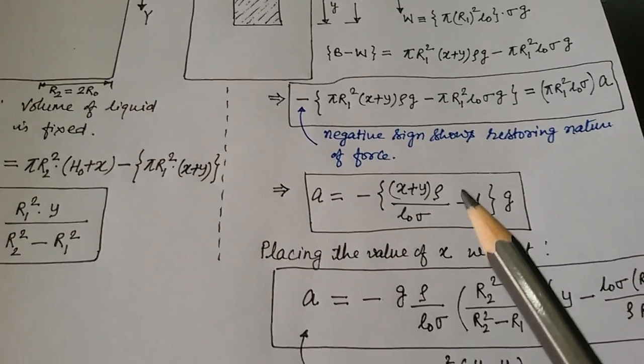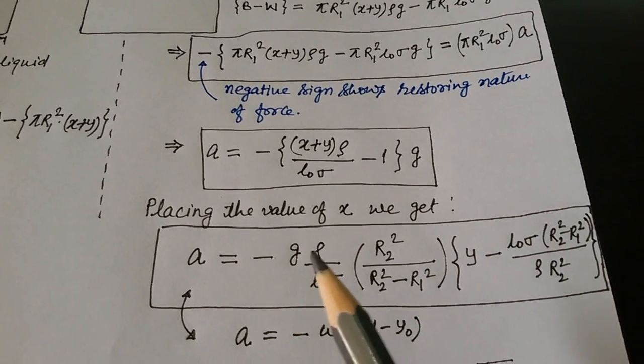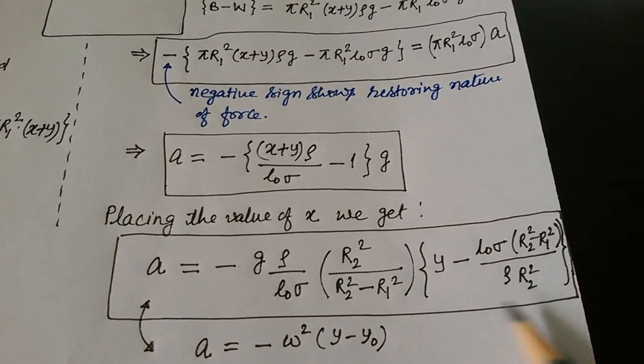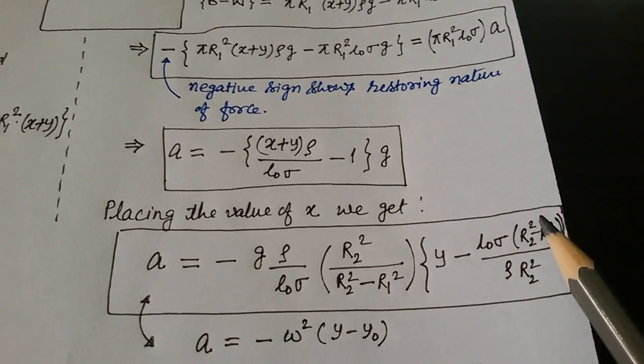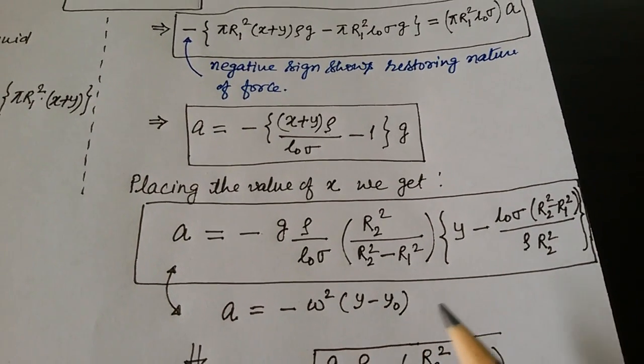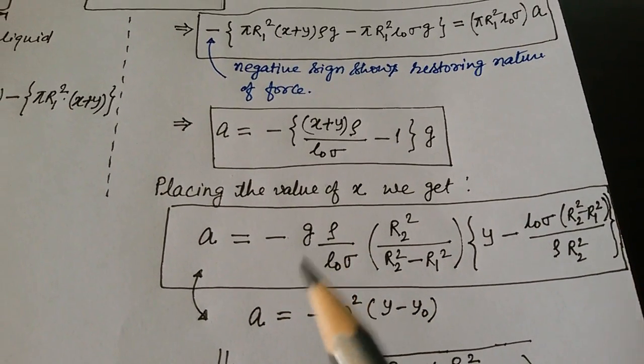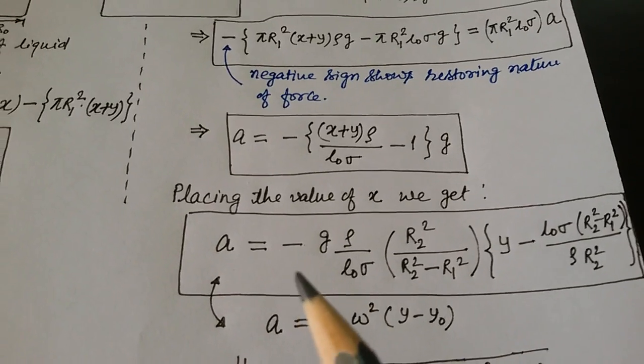So placing the value of x here and simplifying this equation, we get a equals negative this value times inside bracket (y minus this value). So this equation is nothing but a equal to negative omega square (y minus y naught). It should be noted that this equation has been written in the inertial frame of reference.